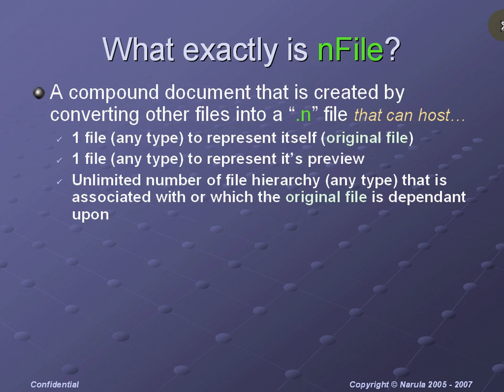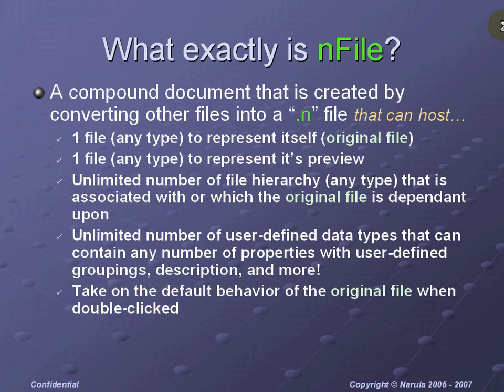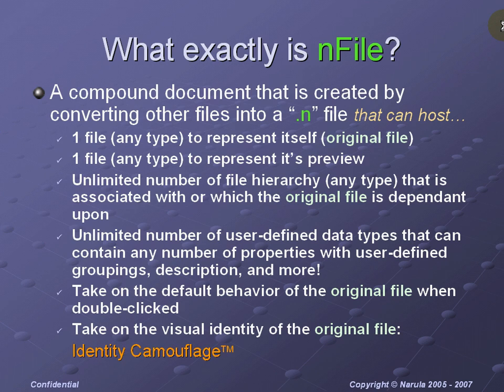Host an unlimited number of user-defined user data types that can contain any number of properties with user-defined groupings, descriptions, and more. nFile takes on the default behavior of the original file when double-clicked. It also takes on the visual identity of the original file by using the original file's icon as its own. This is called identity camouflage.